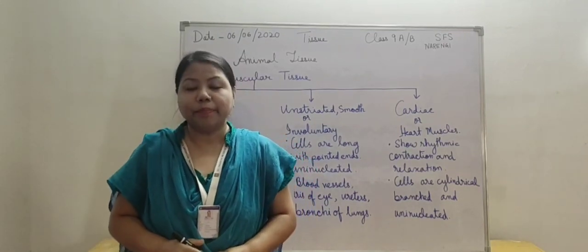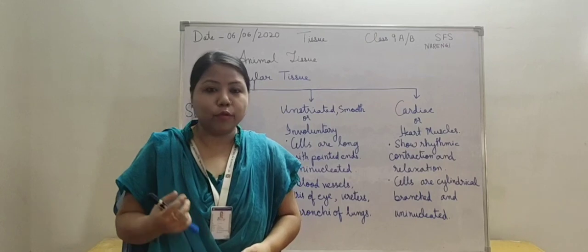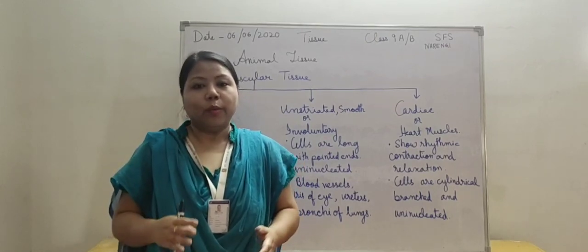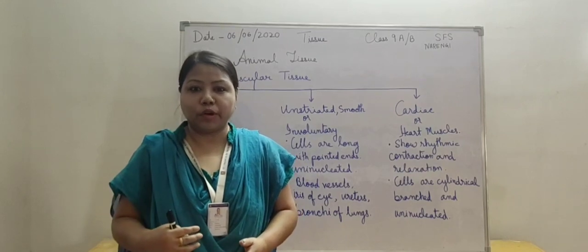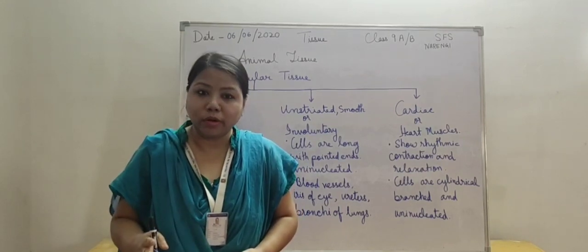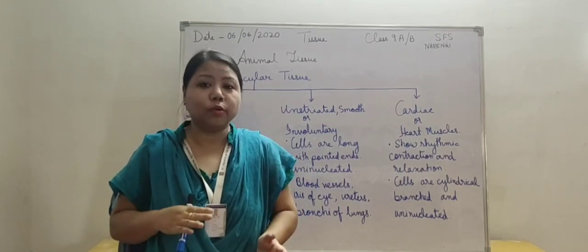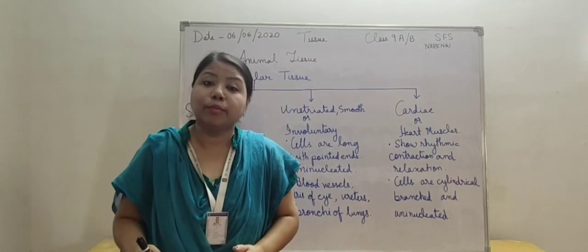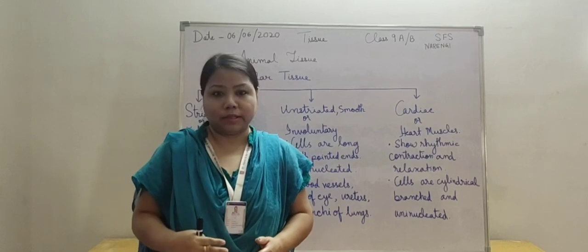For example, when we eat food, the food enters our alimentary canal. Fine. When the blood moves throughout the body, it moves on its own through the blood vessels. We cannot control the movement of these parts.